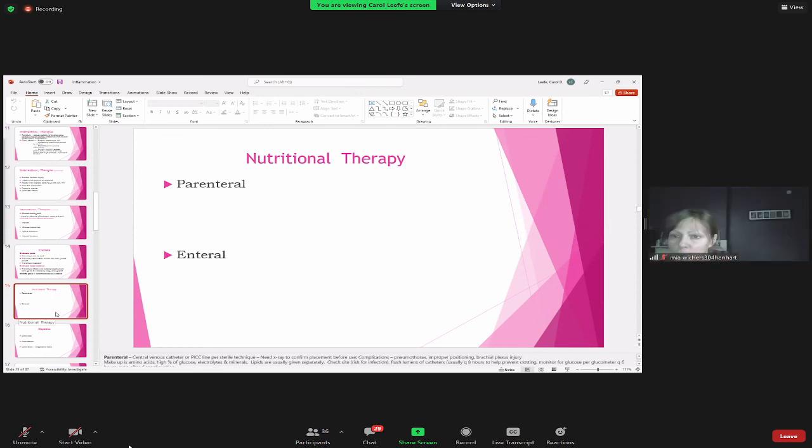Water. The transverse and descending. What is it going to pull in? Water. Okay, fluids. Because it's hyperosmolar, that's where the fluid shift is going to occur. So one of the common side effects or complications is diarrhea, because it pulls that water in.